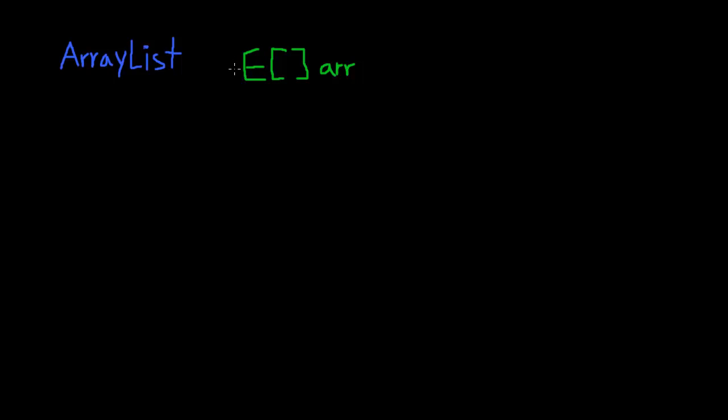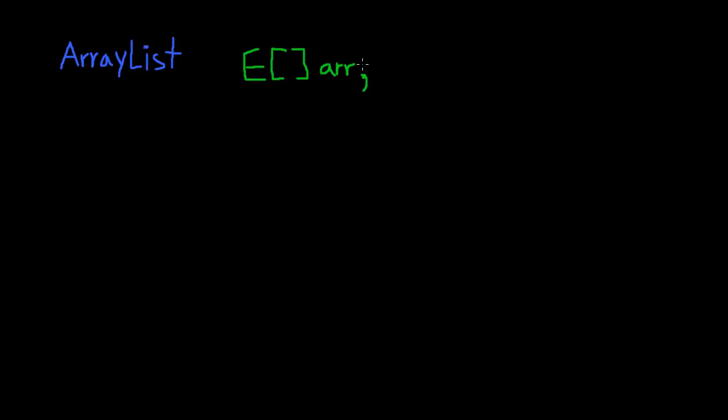I won't really talk about generics here because I'm mainly focusing on the data structures, but it's essential to at least a little bit understand it for CSE 12 or any data structures class you might take. In the last example, I made an array with integer and two brackets. It's the same thing, except instead of specifying type integer, I'm saying type E. So this is some array of type E.